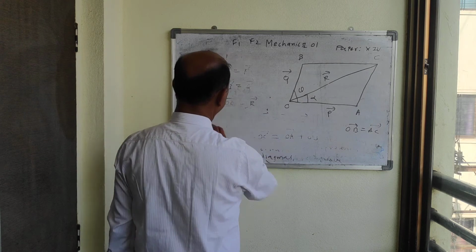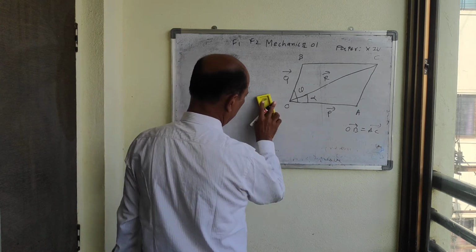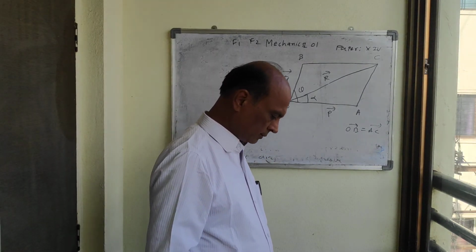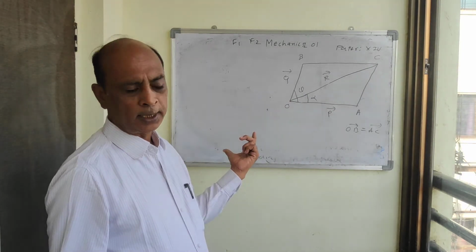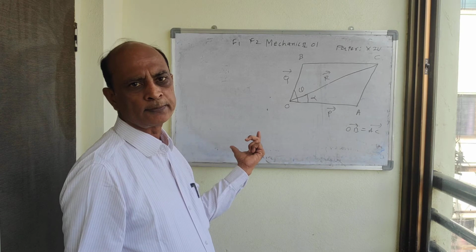Now there is one more theorem, where we have to find the magnitude and direction of the resultant of these two forces P bar and Q bar acting at a point.